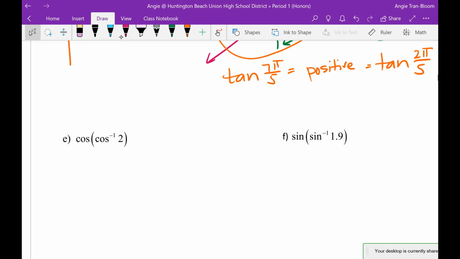All right, Alyssa, what's your final answer? Not defined. Thank you. Not defined. Hey, do me a favor. Can you punch that in your calculator? What did the calculator say? Domain error.